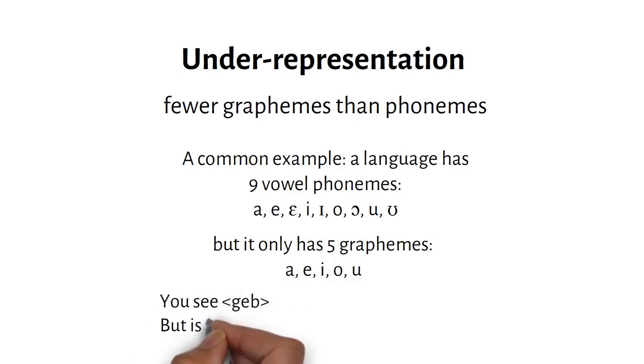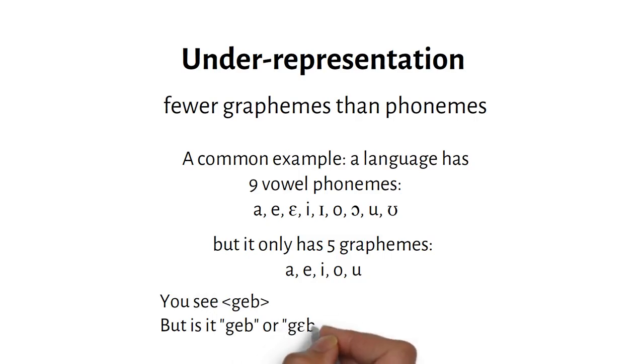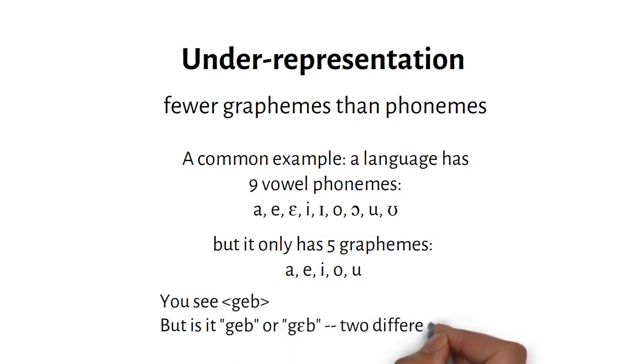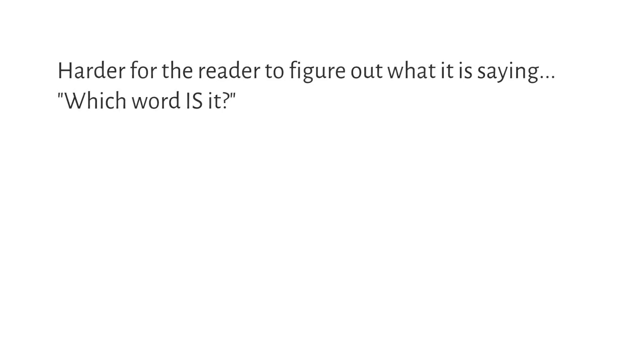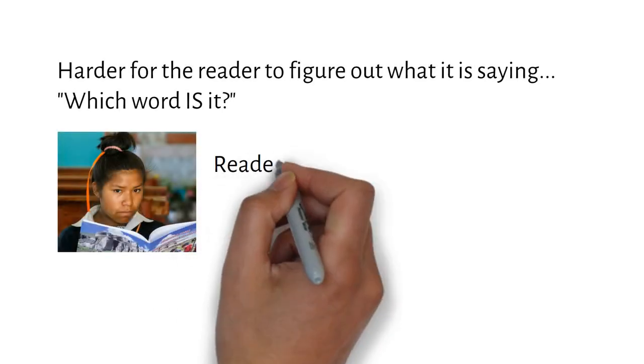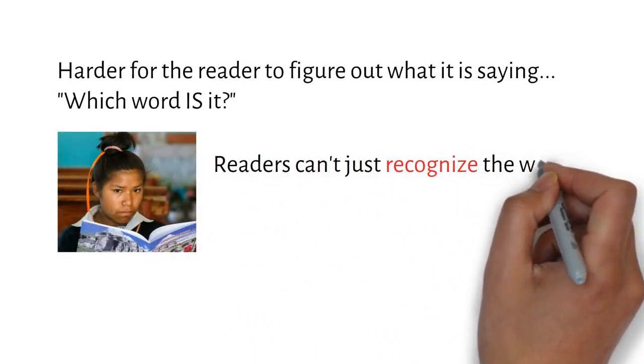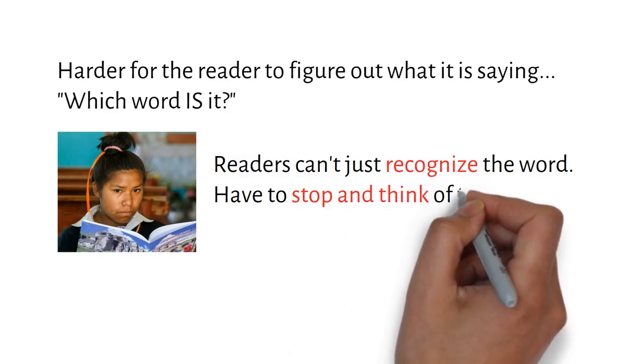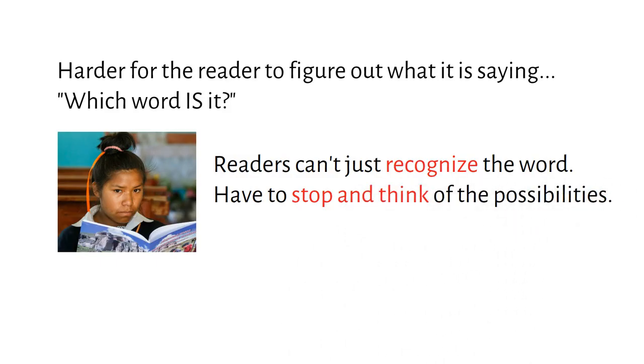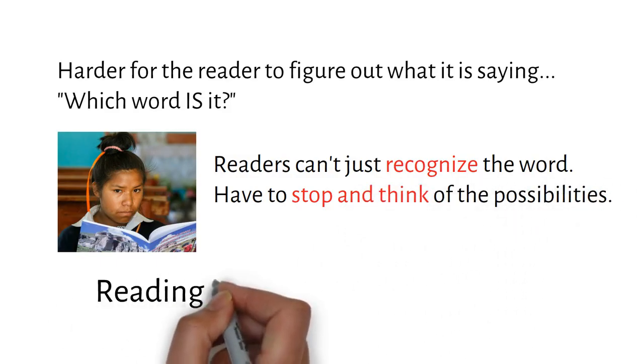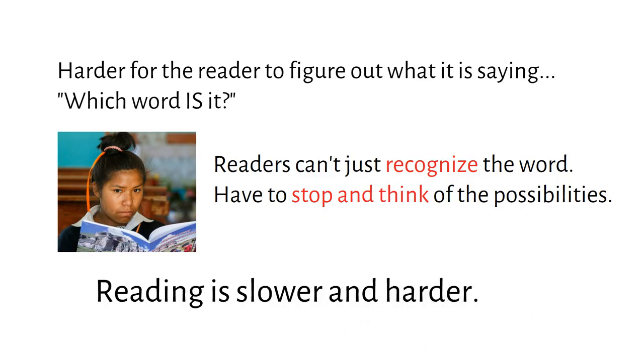If you see G-E-B, is it Gabe or Geb? So you have to pause and think, what is this word? Readers can't quickly recognize the word. They have to stop and think of the possibilities. Reading is slower and harder.